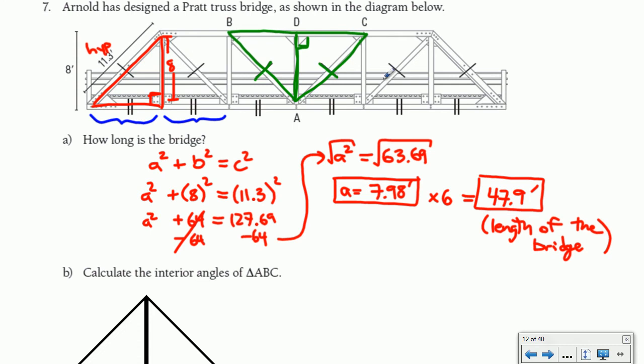This and this we could also call, so we can split it up into two right angle triangles, right? Or noticing that these two side lengths are the same, that means angle B is equal to angle C. Alright, and from over here, looking, the single tick represents 11.3, so these are both 11.3. And then the height is the same here, so that's 8.